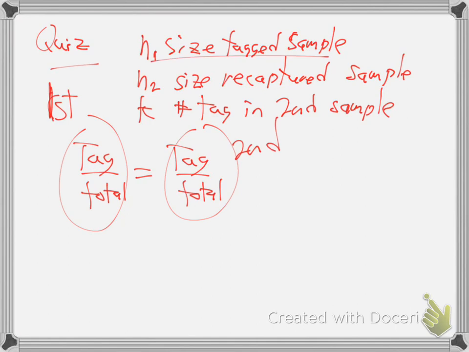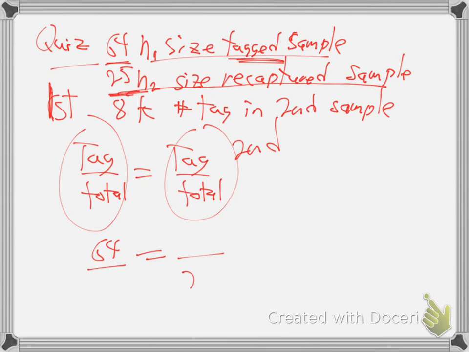So we're saying N1 is the size, and they said N1 is 64, N2 is 25, K is 8. So the size of the tagged sample, that'd be 64 tagged, over the size of the recaptured sample, that goes down here.